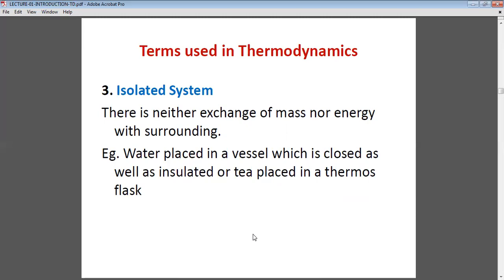For example, if we place water in a vessel and close the vessel, there is no mass transfer. And if we also insulate the vessel with a thermo flask or anything, the heat transfer cannot be sensed with our hands. So there is no mass transfer or any heat transfer, then we will call that an isolated system.